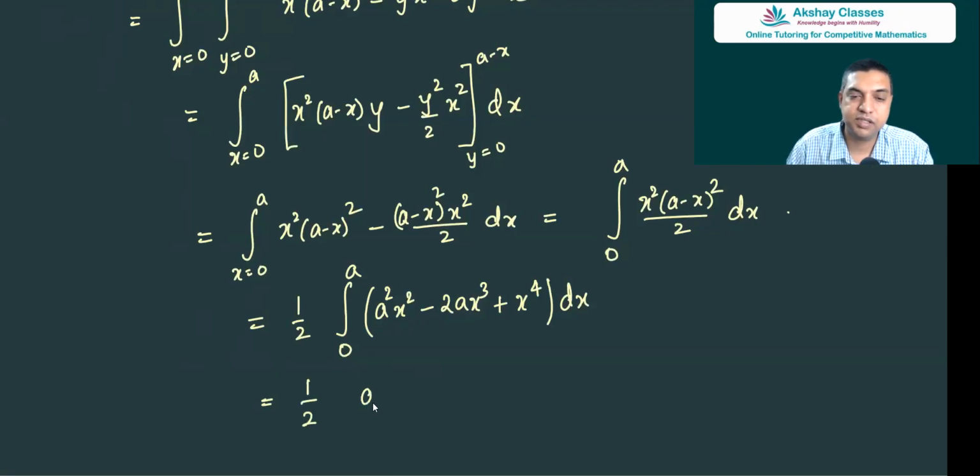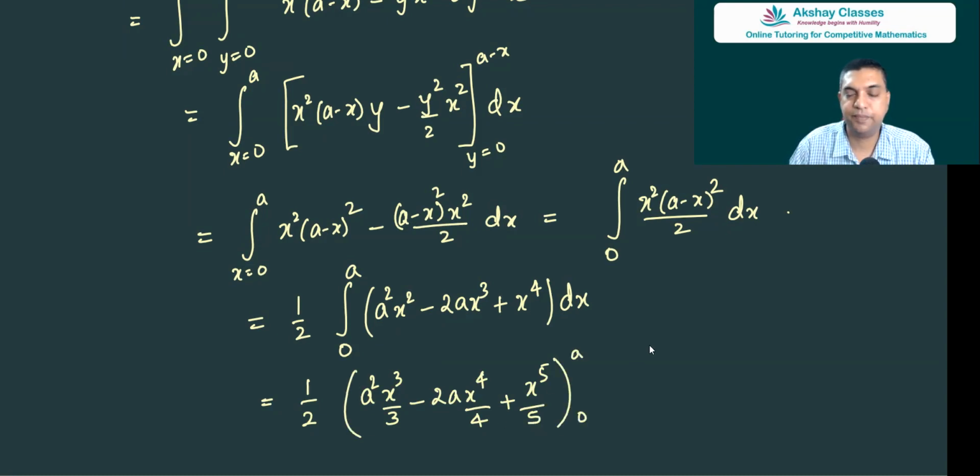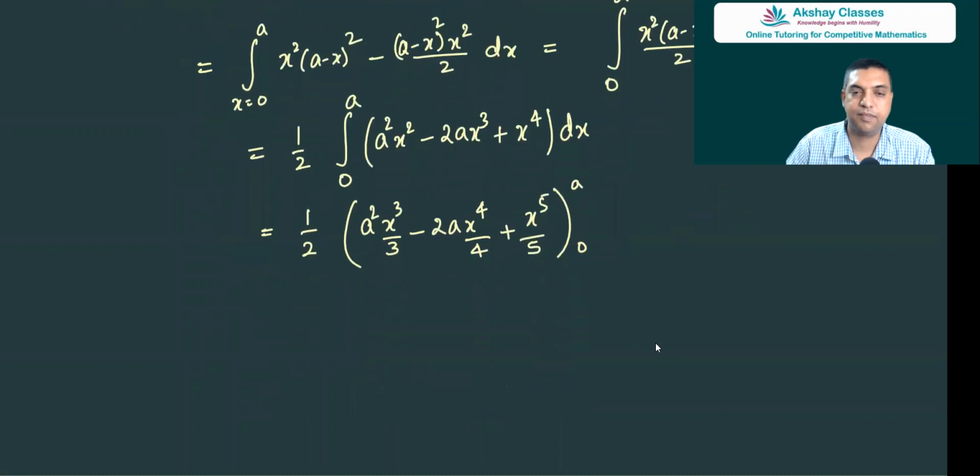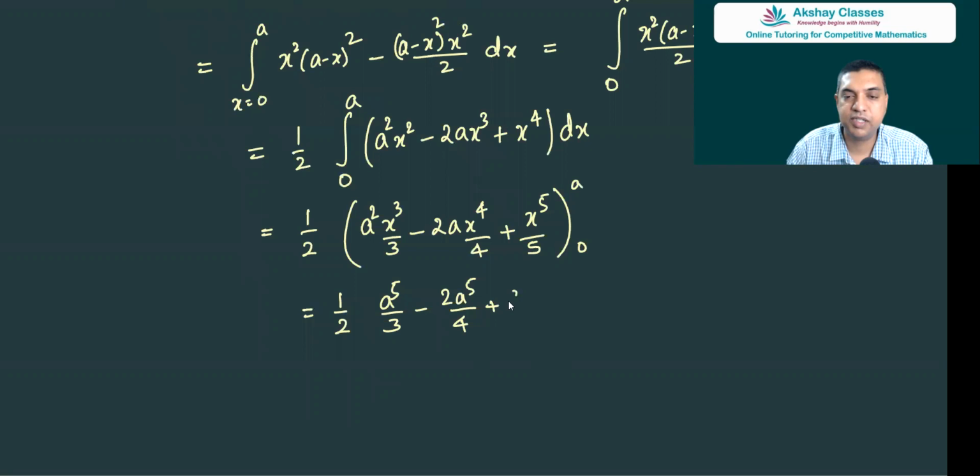Now this is a square into x cube by 3 minus 2a x power 4 by 4 plus x power 5 by 5, 0 to a. This is 1 upon 2 [a power 5 by 3 minus 2a power 5 by 4 plus a power 5 by 5].